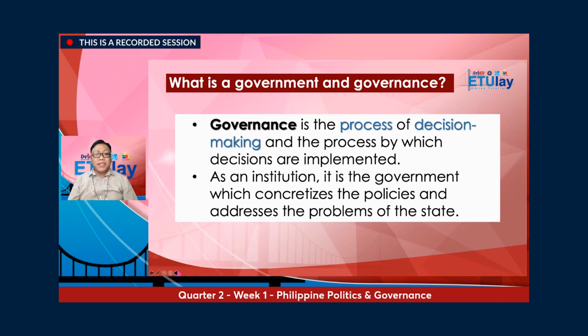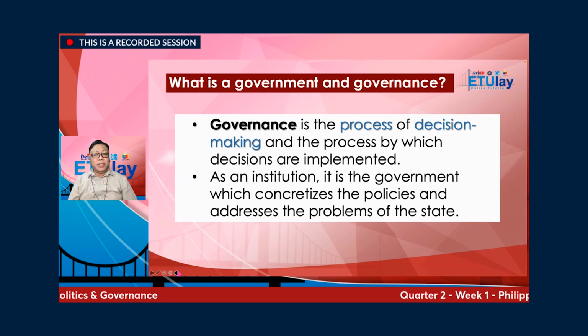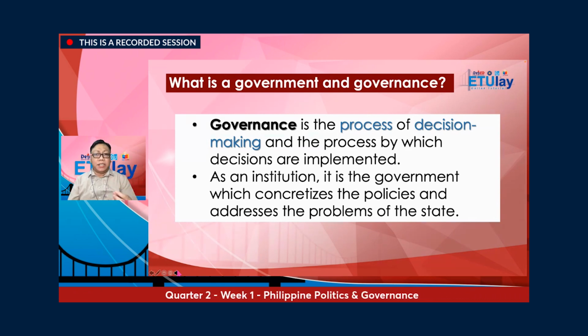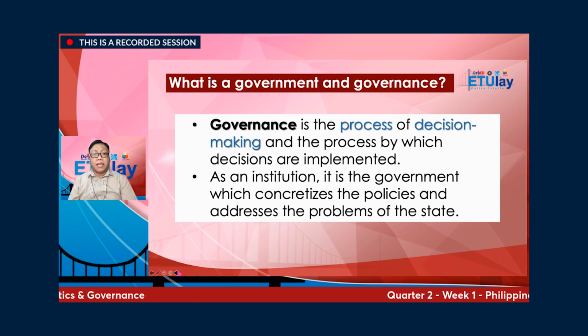Governance. Governance is the process of decision making and the process by which decisions are implemented. As an institution, it is the government which concretizes the policies and addresses the problems of the state. In consonance with government, governance is the process, while the government is the authority. So therefore, the governance is the act of making decisions. So government utilizes this process in order to make decisions for the people and to the society.